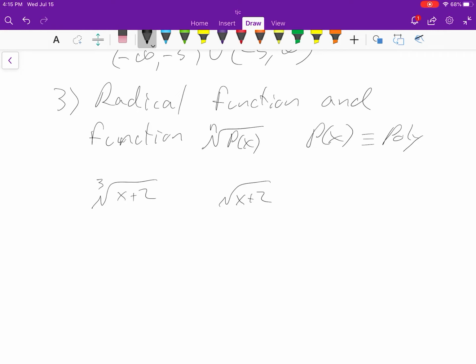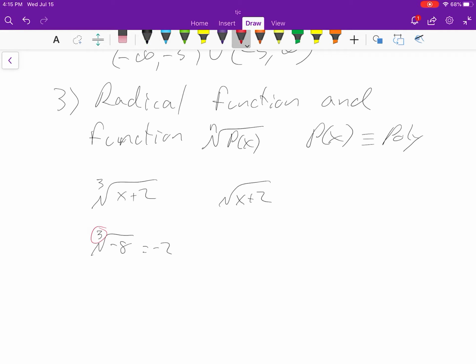So, in the first one, in our example here, the cube root of x plus 2. Because we're dealing with a cube root instead of a square root, there is no restriction, you can have negatives inside. So like the cube root of -8 equals -2. So negatives are well defined when you're dealing with odd roots.